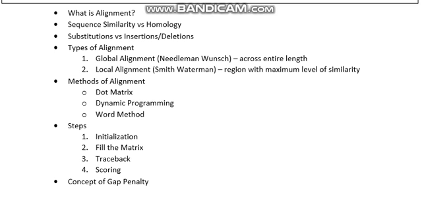You could say there are four steps in the alignment procedure: initialization, filling the matrix, then traceback, where we find the optimal path, then by scoring we select the alignment with the highest score, because that is the best alignment. Once we do this, you will have a better idea of that.